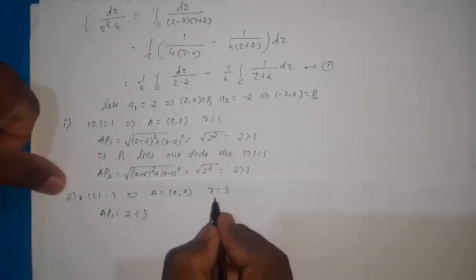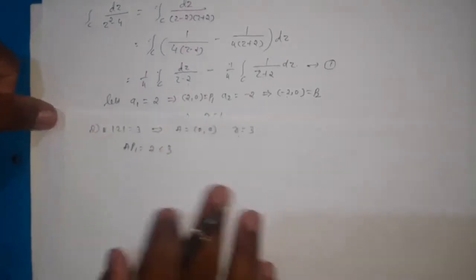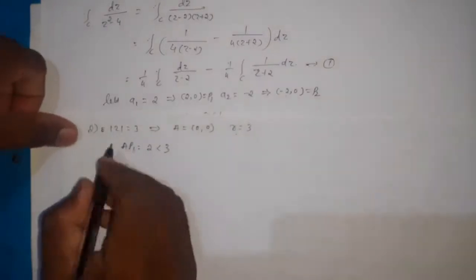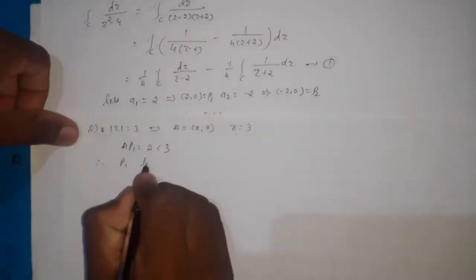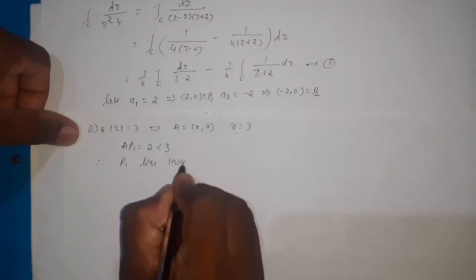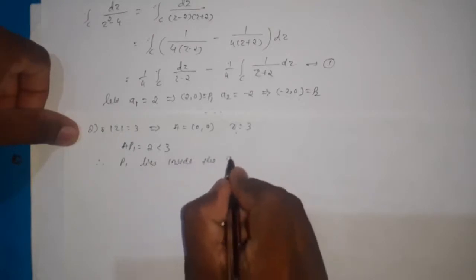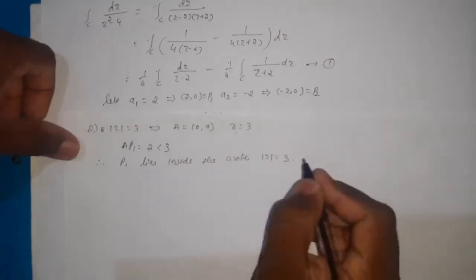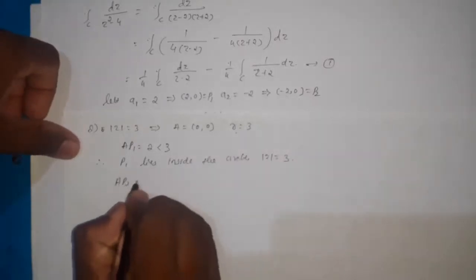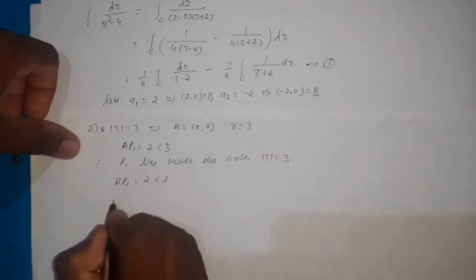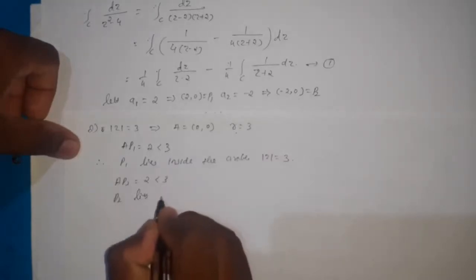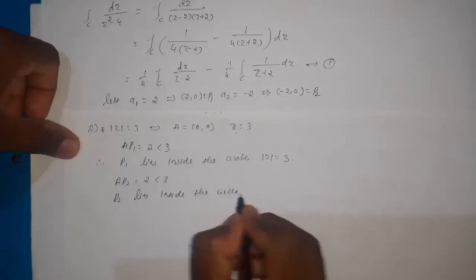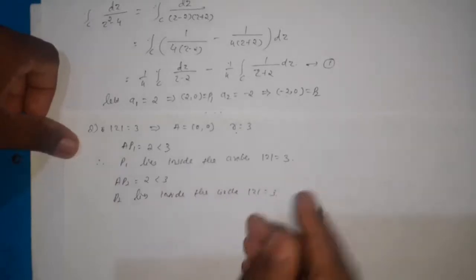In this case the radius is 3, so AP1 is equal to 2 and less than 3. Therefore, P1 lies inside the circle mod z equal to 3. And AP2 is also 2, which is less than 3. Hence, P2 lies inside the circle mod z equal to 3.